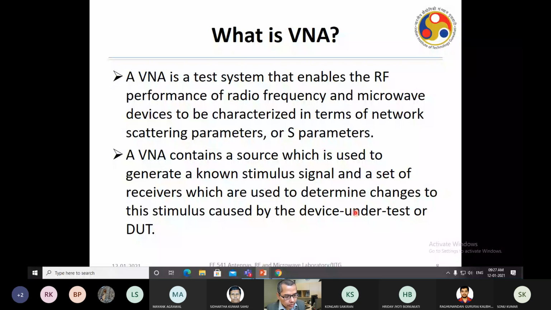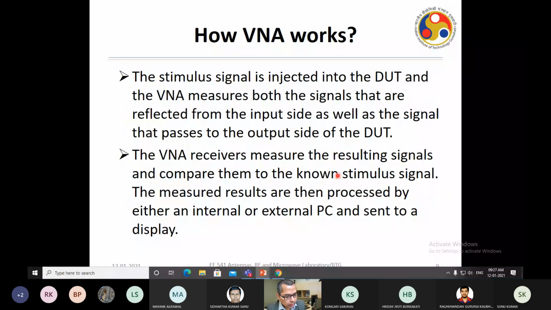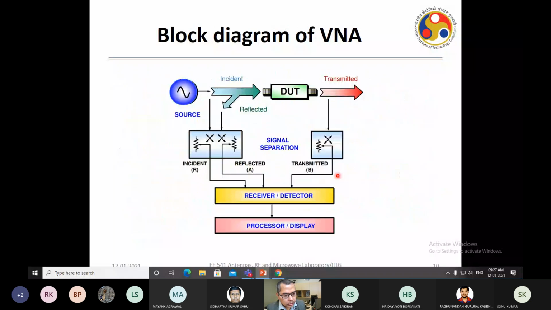Before measuring the device under test, you will first do the calibration. But just before that, this diagram gives you an idea of how measurement is done using the VNA. You have a source here, and the source gives some signal.